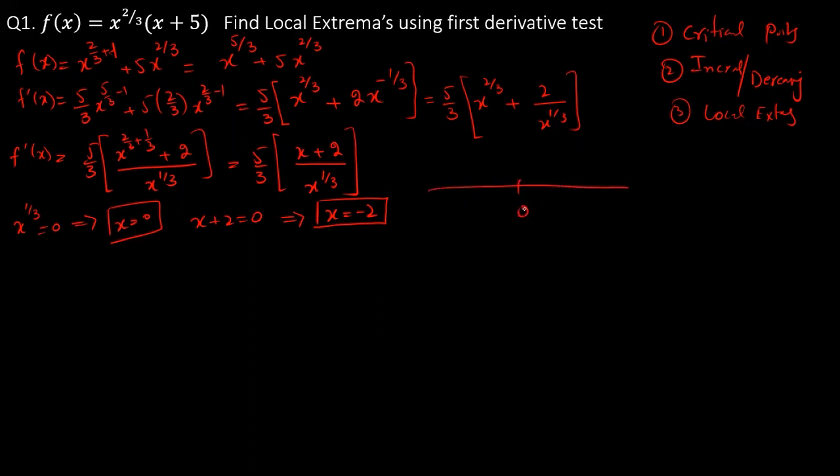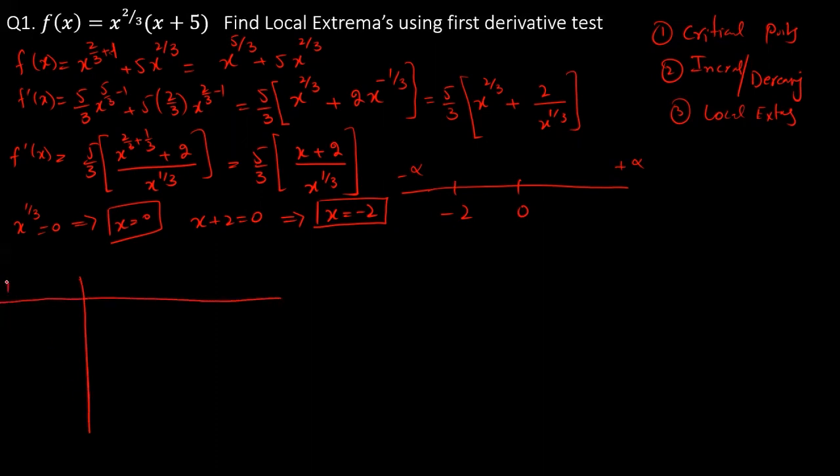Here we have 0, and here we have -2. When we extend this, this is minus infinity and this is plus infinity.